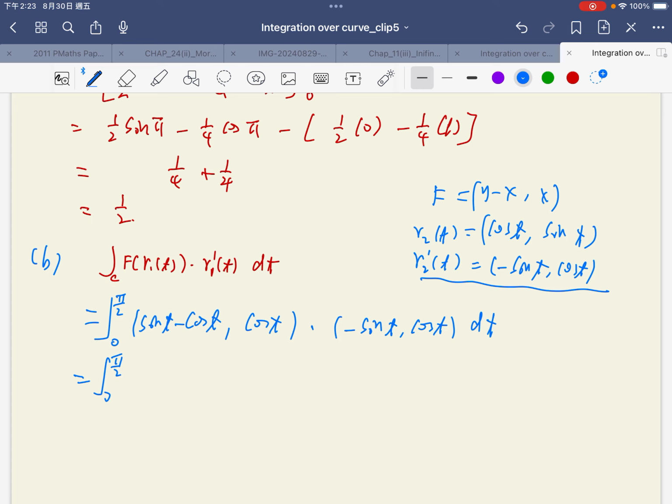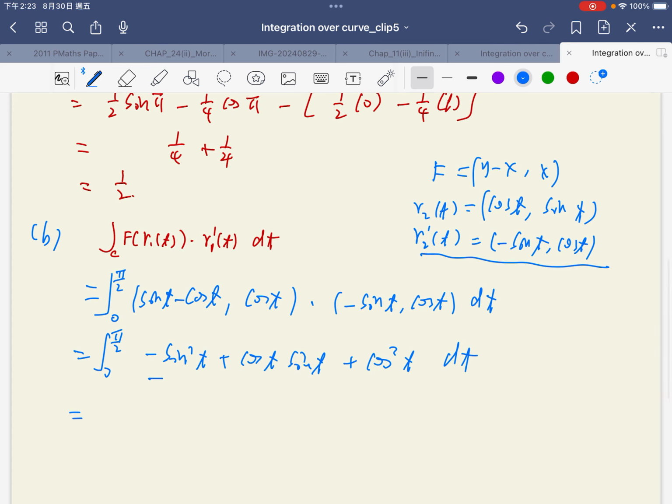And multiply. The dot product is equal to minus sine squared t plus cosine t sine t plus cosine squared t dt. These two parts are equal to cosine 2t. This part is equal to 1 over 2 sine 2t.